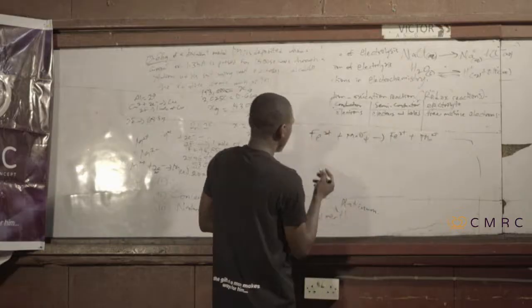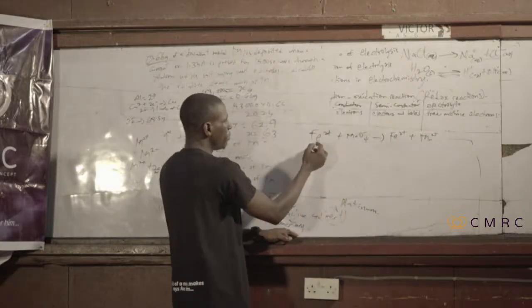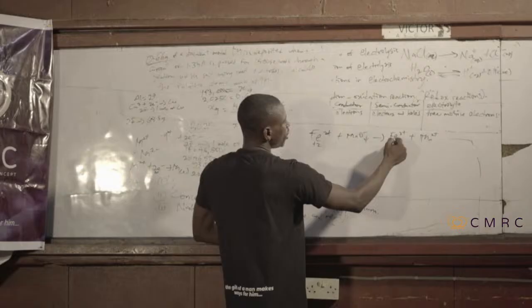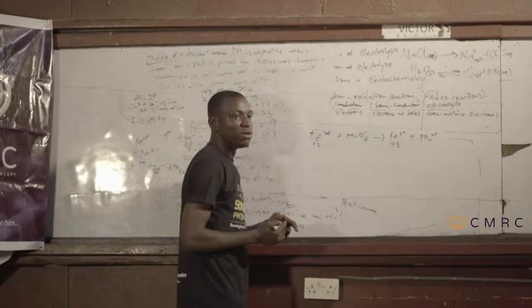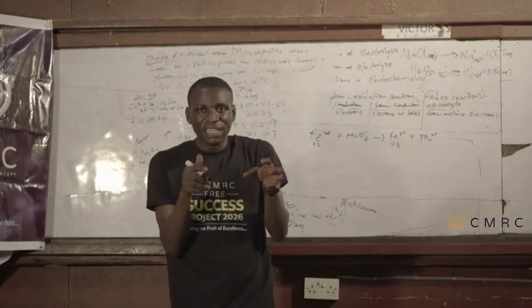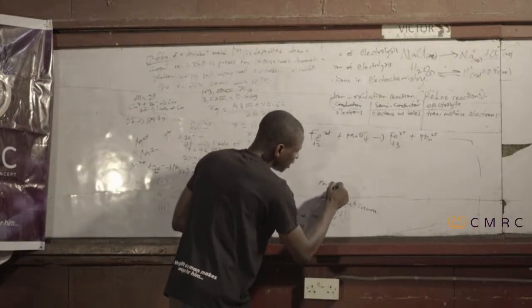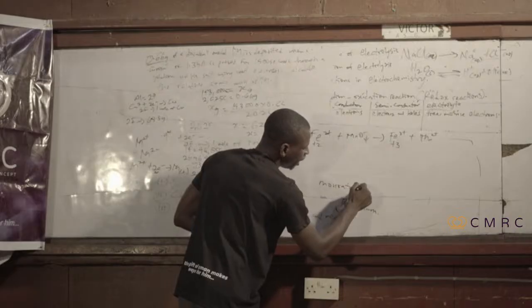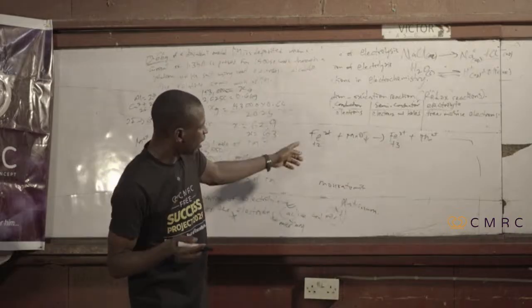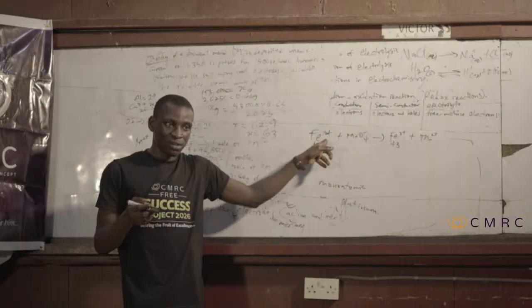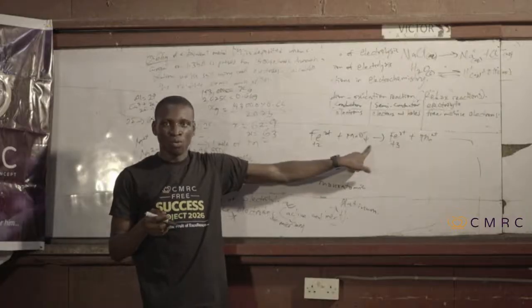Now, the oxidation number of this one is plus 2. This one is plus 3. Whenever you have ions, whether cations or anions, if they are monoatomic, what do I mean by monoatomic? It means that in your ion, you have only one atom present. This one is just an ion, but this one is polyatomic. Why?